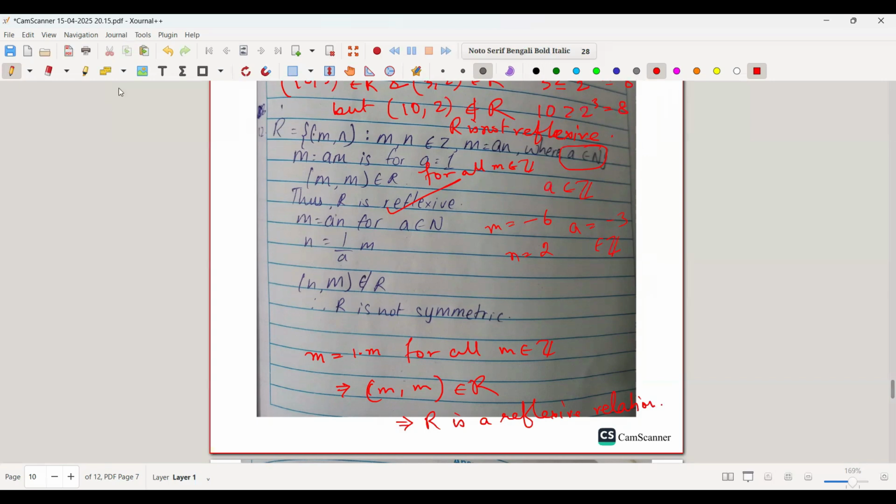Now m equal to an, so n equal to 1 by a into m. So that means R is not symmetric.